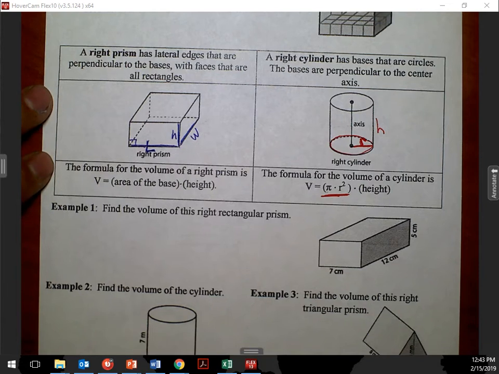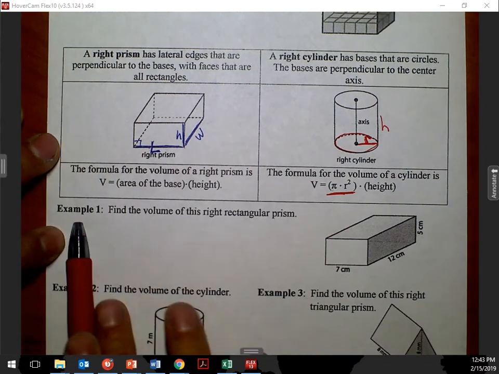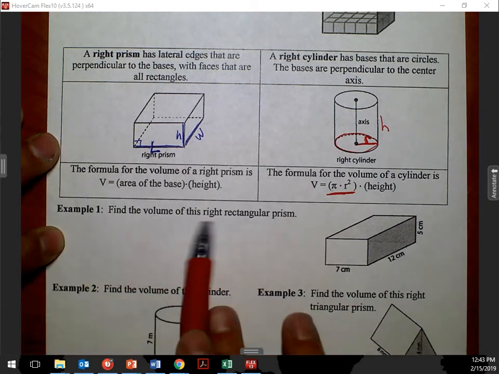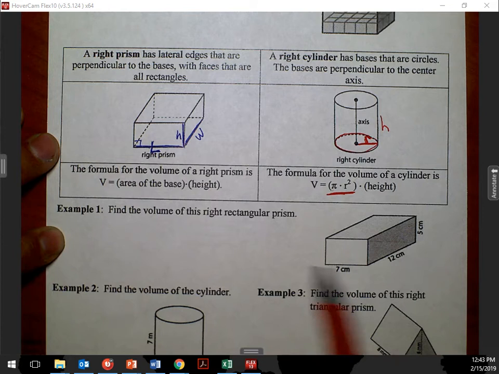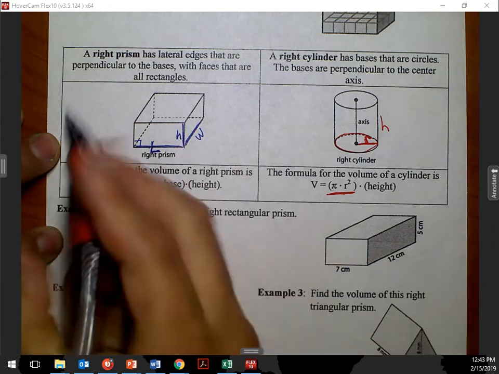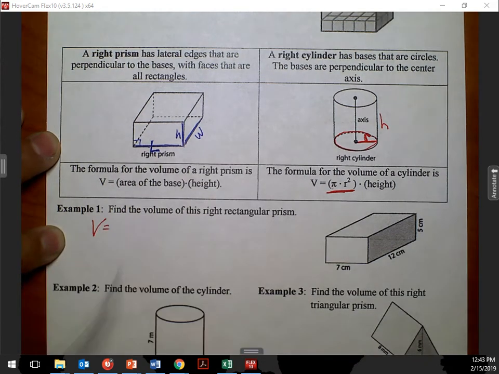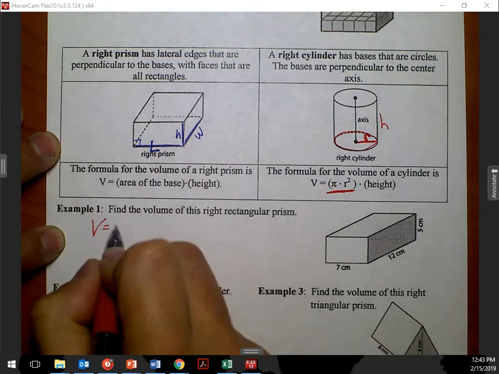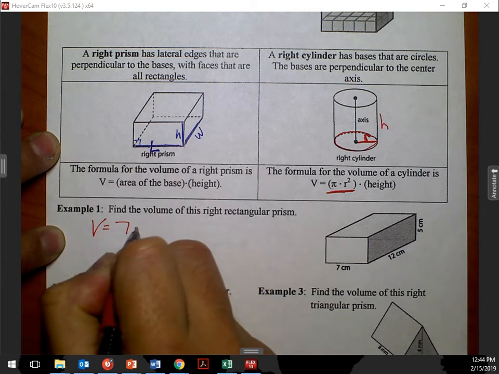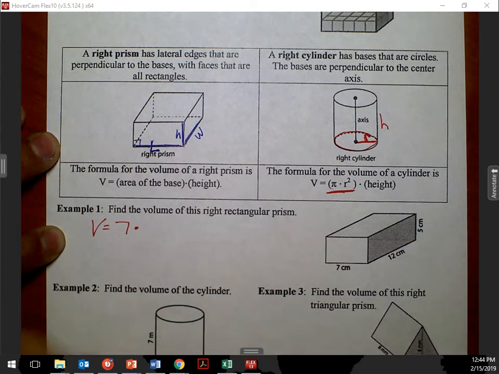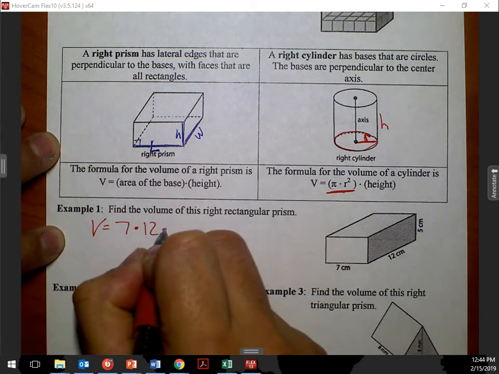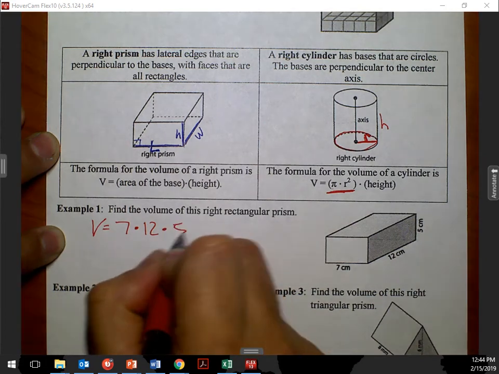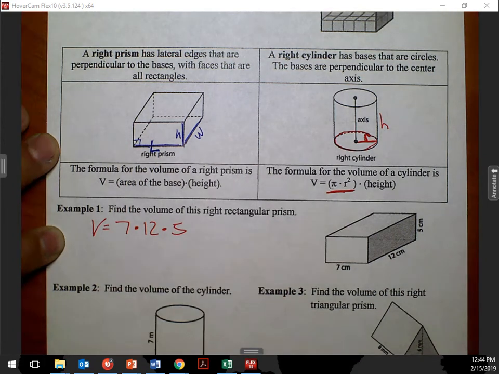All right, so now let's go through right here. Find the volume of this right rectangular prism. My volume is going to be length, which is 7, times width, which is 12, times height, which is 5, equals.